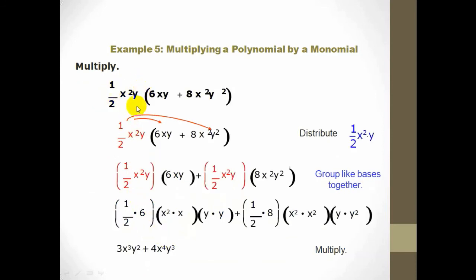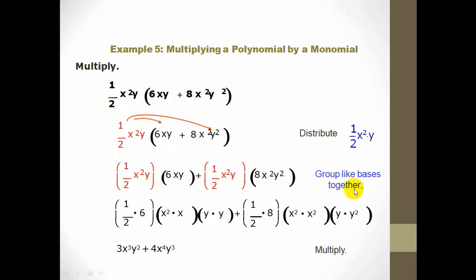Now another monomial with a polynomial. To multiply this monomial with this polynomial, distribute 1 over 2 x square y square over 6xy and 8x square y square. So 1 over 2 x square y square multiplied by 6xy plus 1 over 2 x square y square multiplied by 8x square y square.